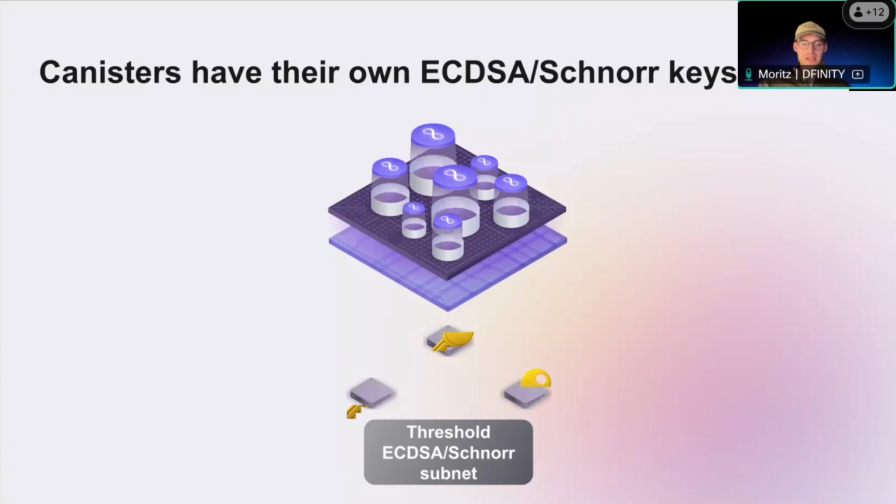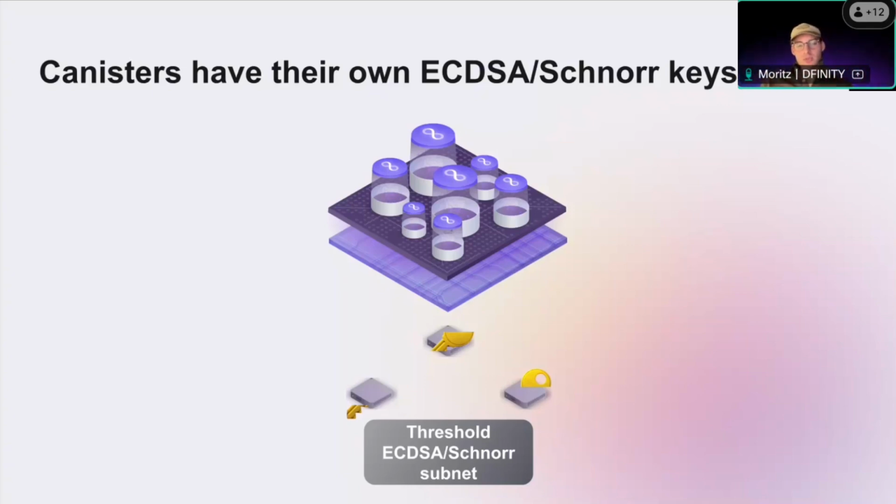And I want to highlight this again because it's important to remember that the private threshold ECDSA key, the secret shared threshold ECDSA key, never exists in reconstructed form, but only in the secret shared form. So even when you're signing messages, there's never a situation where the private key is somewhere in plain text.